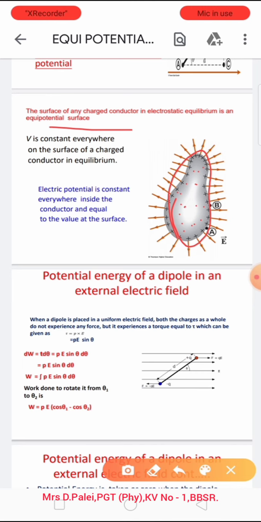The next topic is the potential energy of an electric dipole in an external electric field.